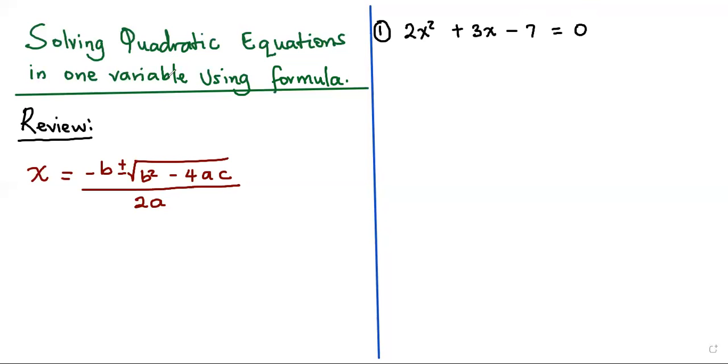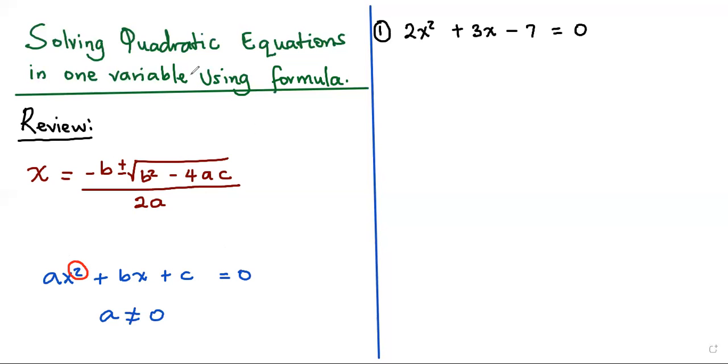I want you to note that the general form of a quadratic equation is ax squared plus bx plus c is equal to 0, and always a is not equal to 0. And remember, it is a quadratic equation because of this squared. When we don't have this squared, then it will not be a quadratic equation.